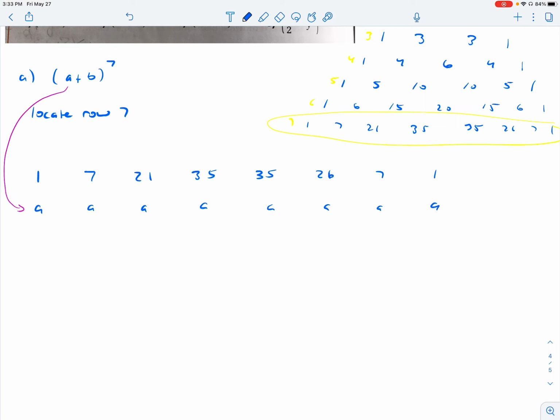Next thing I have to do is place exponents on these. The exponents start off with the same value as the row number, so they're going to start off at 7, and then they're going to go down each time.